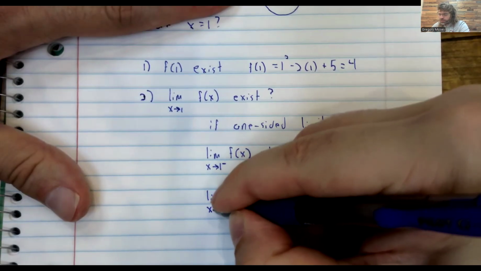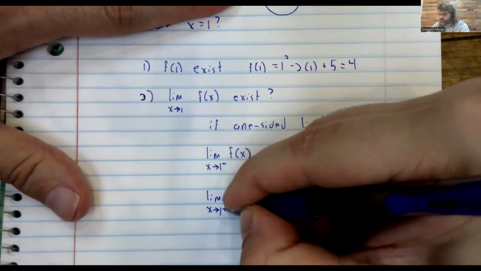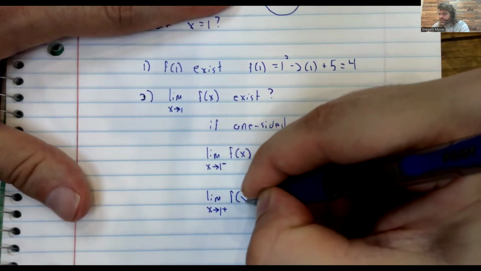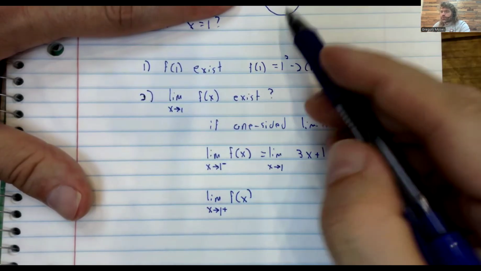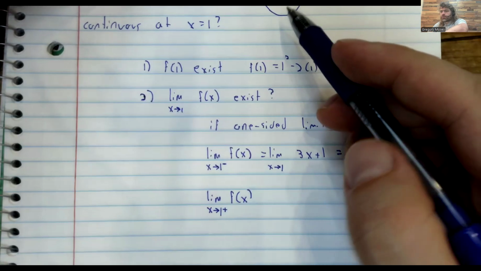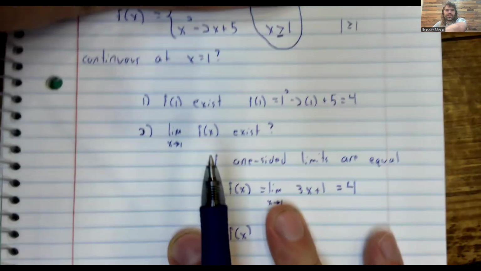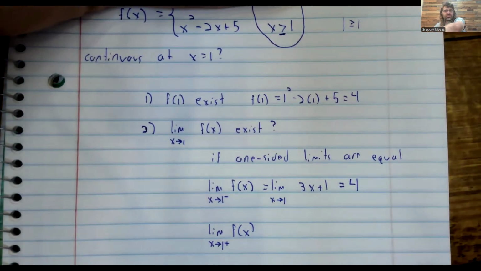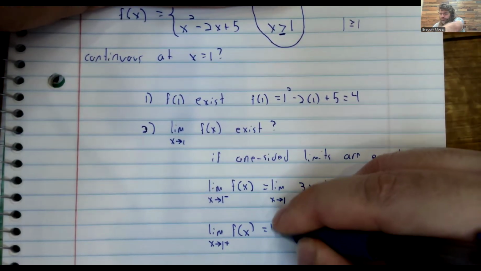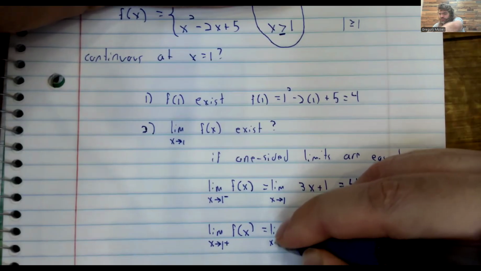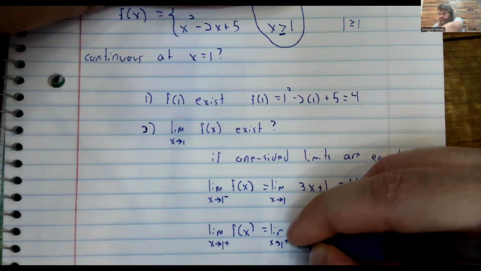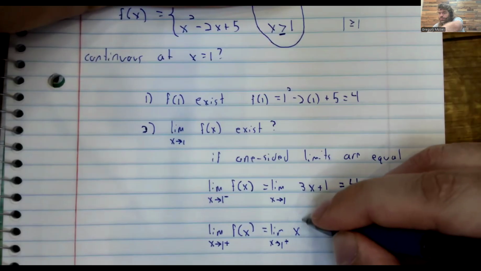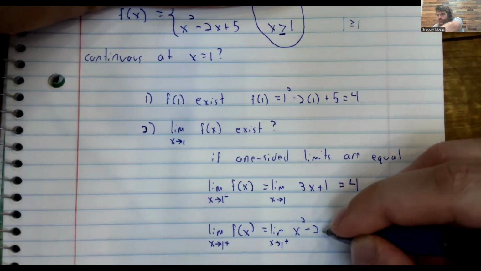Then the limit as x approaches 1 from the right. Well, approaching 1 from the right, we're bigger than 1. We're in this piece. So we're taking the limit as x approaches 1 of this polynomial.